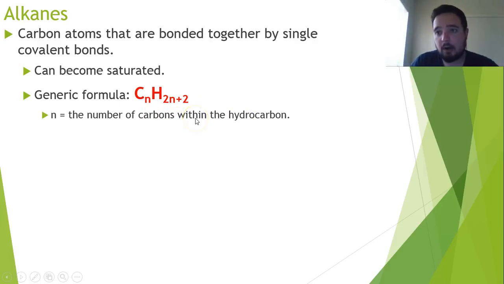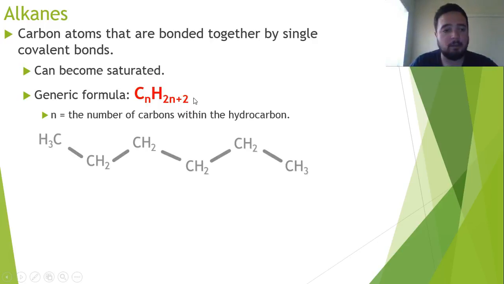So if I have two carbons that are singly bonded together, it would be C2, and then I plug the 2 in over here, and I have 2 times 2, which is 4, plus 2, which is 6. So C2H6 would be that. For example, this one has 1, 2, 3, 4, 5, 6 carbons, so I'd plug 6 in over here.